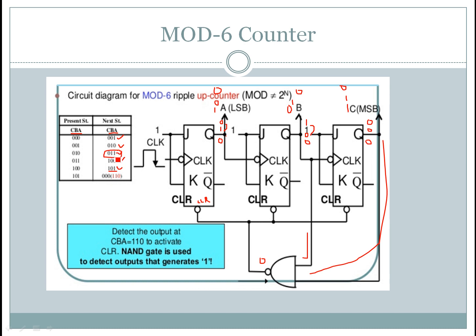So in this state consider the ones. For example, here the outputs A and B are 1 1. So A is here and B is here. That means the outputs of the first flip-flop and second flip-flop are high. So consider these two outputs connected to the NAND gate and the output of the NAND gate connected to the clear input of the flip-flops. So this is how you can design the mod counter.